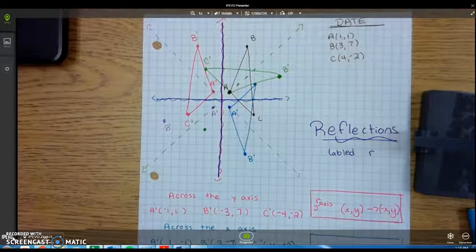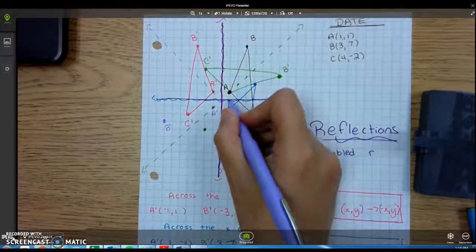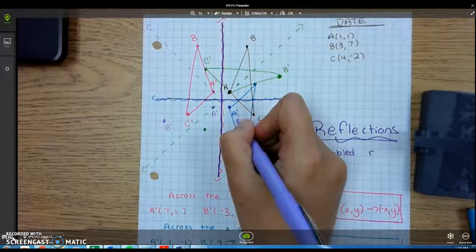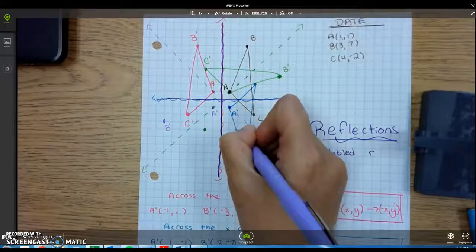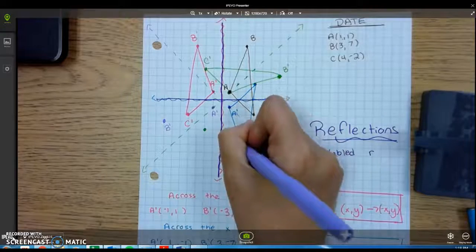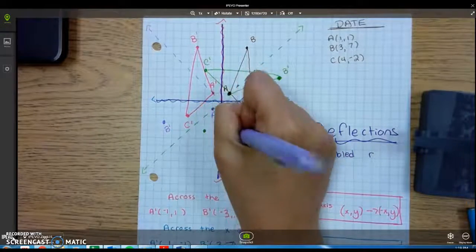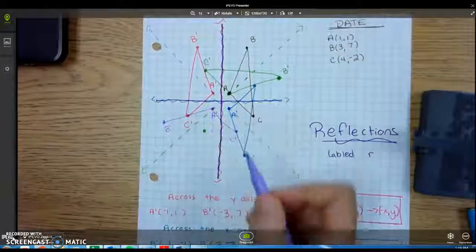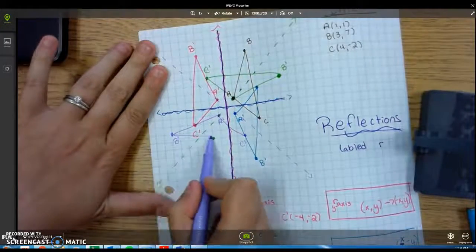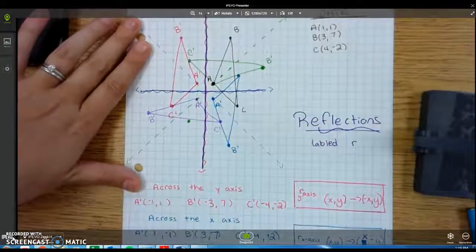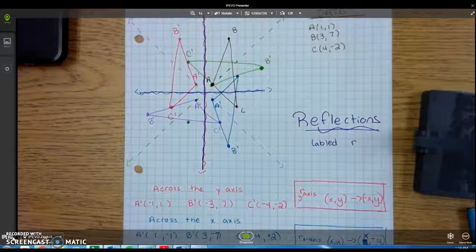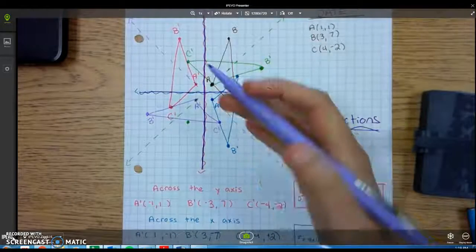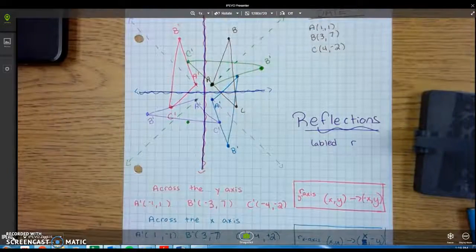Now I've got C at 2, negative 4. 1, 2, 3, 4. And those look like butterfly wings almost over it. So you can see over this line of reflection, this would flip onto that.